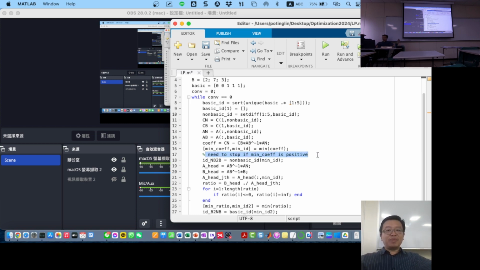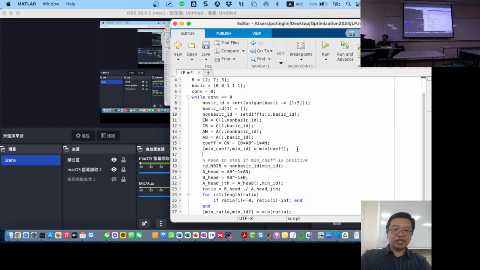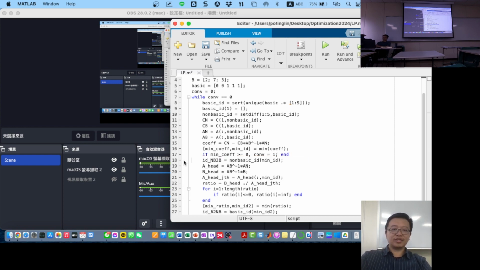When the minimum coefficient is positive. How about 0? Maybe also 0. Then we converge. Converge equals 1. So if the minimum coefficient is positive or 0, that means we cannot find the most negative coefficient, which means your objective function cannot be improved.